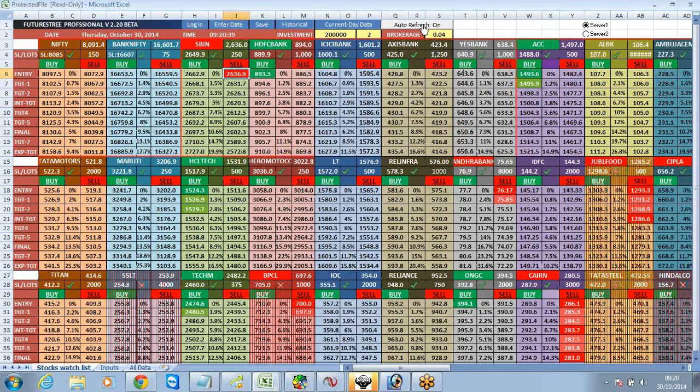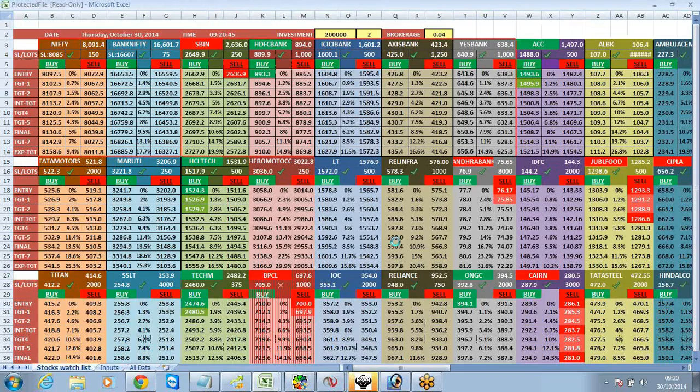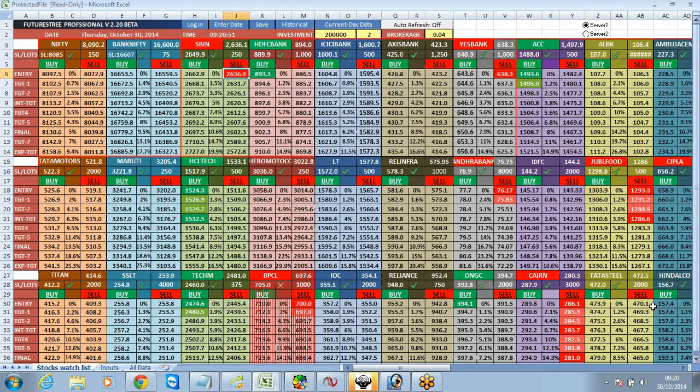So it's 9:20 now. What I'll do is I'll put this auto refresh off for 1 minute and I'll just take the current day data. You'll get a pop-up, just say yes. Now you can see Tata Steel, Hindalco, BPCL we are yet to get. We'll get those prices also.